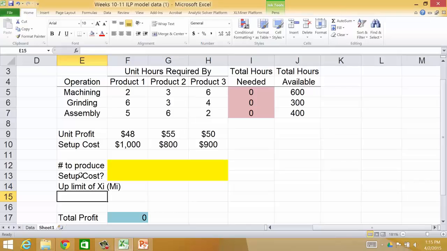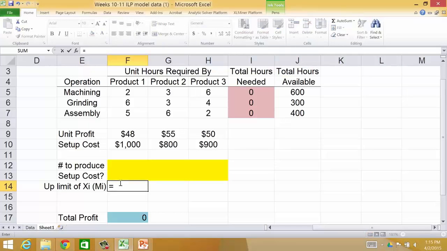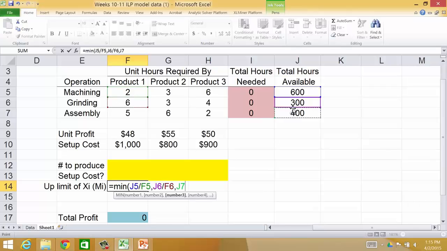We use m to represent a big value, so we call it the big M. This big M for x1 equals the minimum among this right-hand side divided by x1's coefficient, and this right-hand side divided by this coefficient here, and this right-hand side divided by the coefficient here.